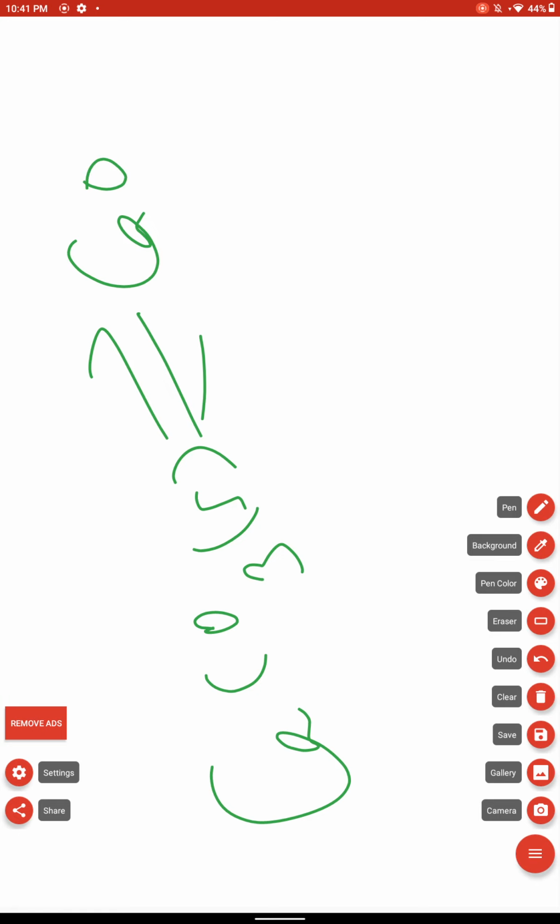CaO plus എന്ത് വരും? CO2. ഇതെന്താണ്? ഇത് ഗ്യാസ് ആണ്. ഇതെന്താണ്? സോളിഡ് ആണ്.